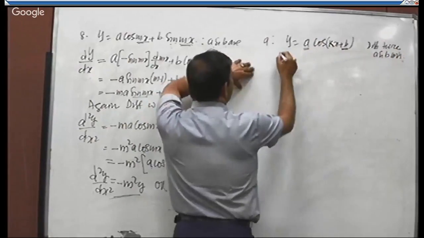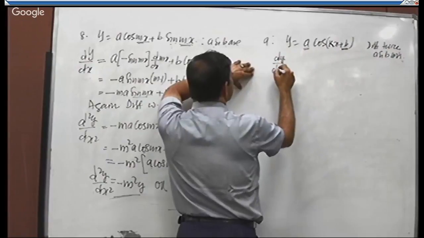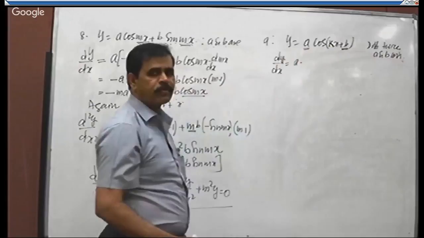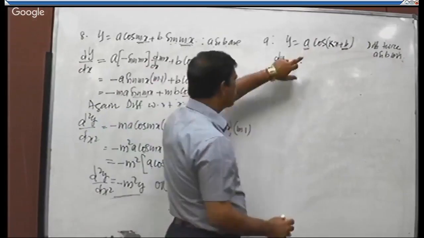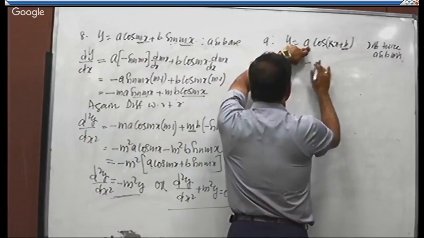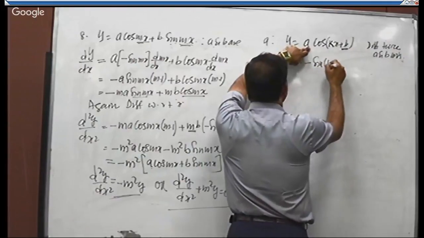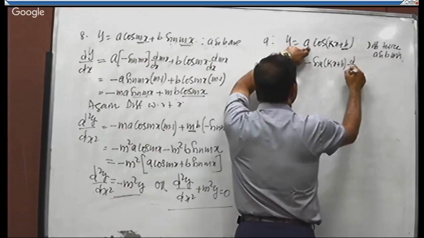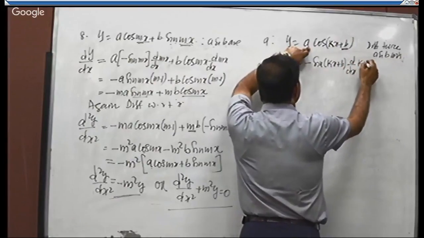Differentiate it. dy by dx is equal to, keep a as it is. Differentiation of cos function is what? It is minus of sine function of kx plus b into d by dx of the function. What is the function?